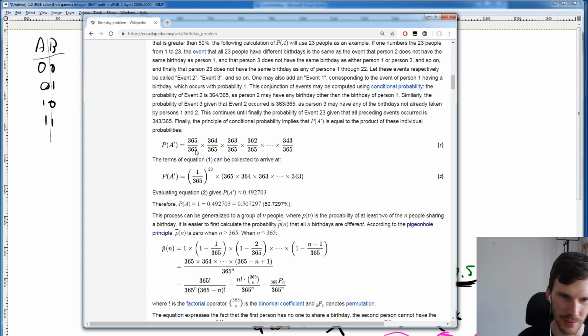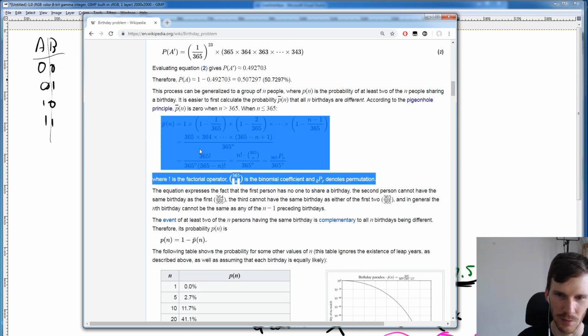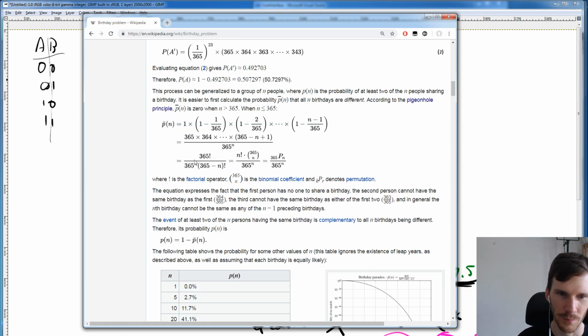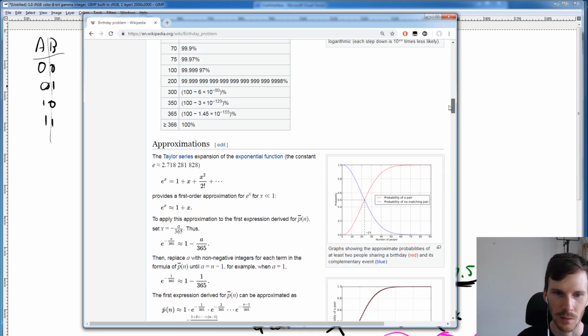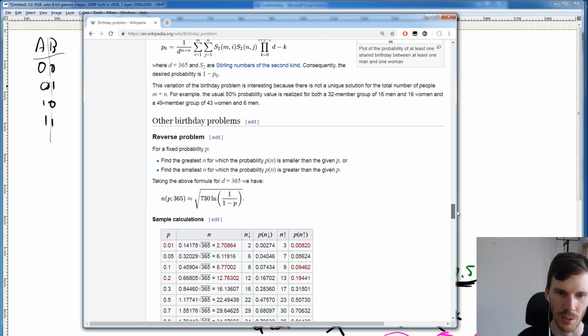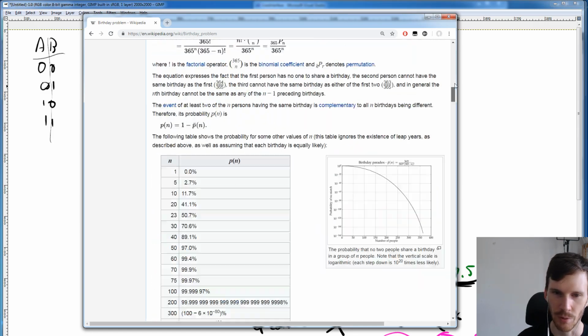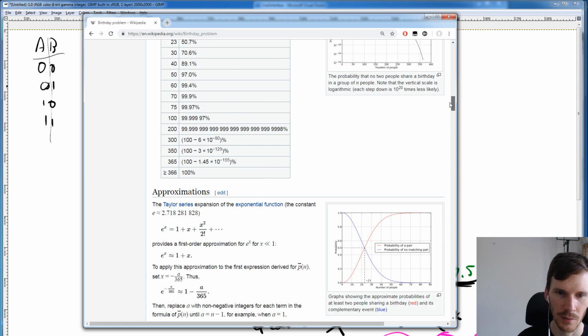It's like 365, but then you have to do this business here with the permutation operator and the factorial operator, which is sort of annoying to write out. Anyway, this is interesting and worth reading, just for skimming sake, but I don't really want to go through the maths in that much detail.